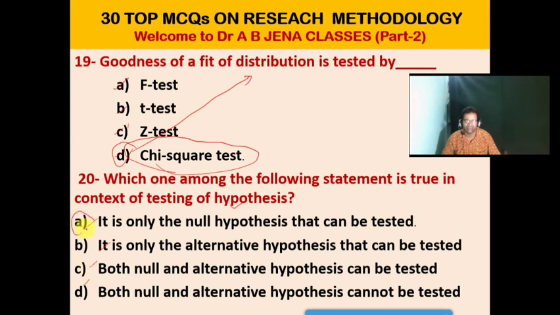Friends, so A is the right option for this MCQ. It is only the null hypothesis that can be tested. That is the correct statement in context of testing a hypothesis. So friends, in a separate video we will discuss in detail.